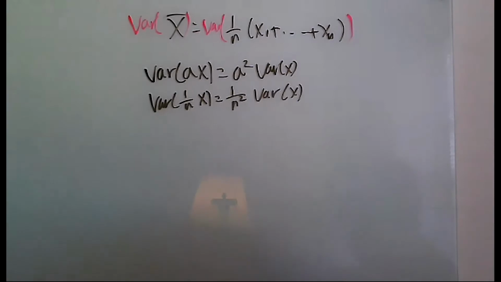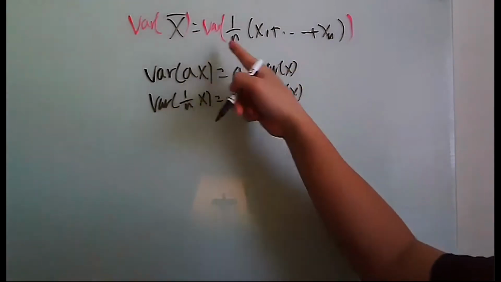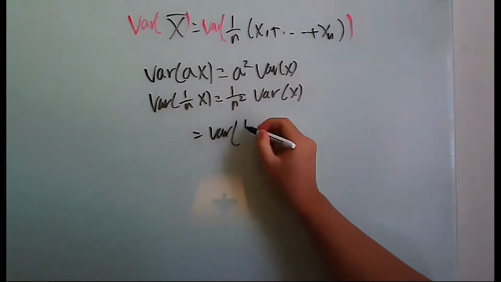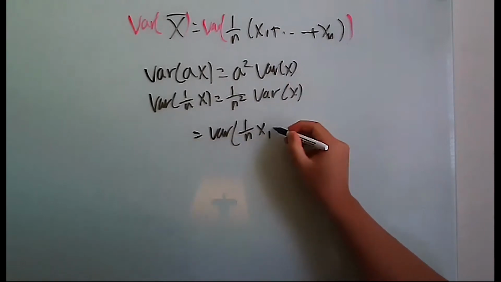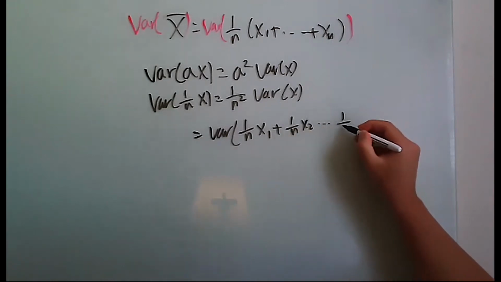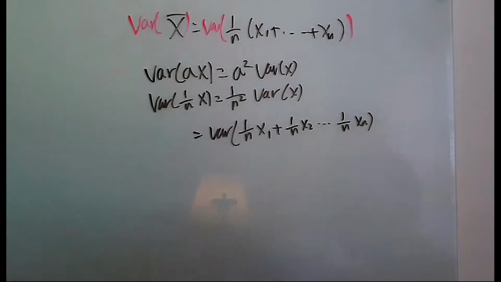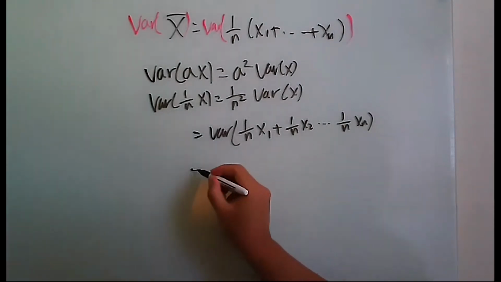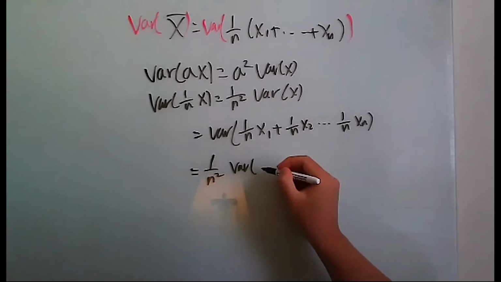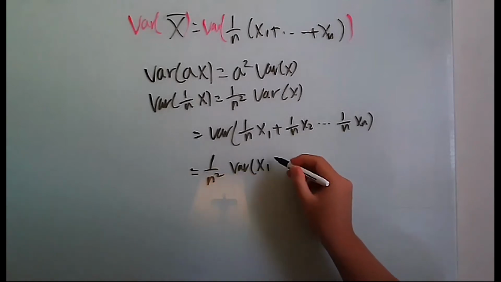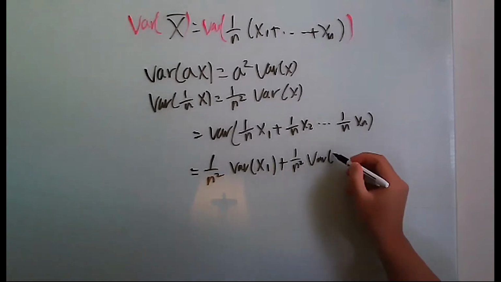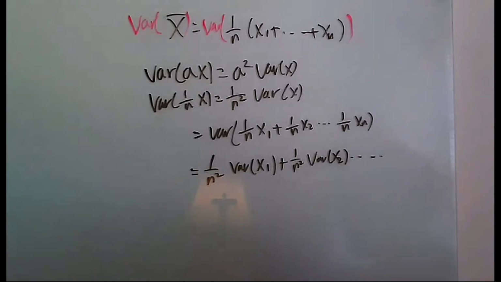So keep in mind, we can distribute them out. That would be variance of 1 over n x1 plus 1 over n x2 plus ... 1 over n xn, right? Which should be 1 over n squared variance of x1 plus 1 over n squared variance of x2, and so on.